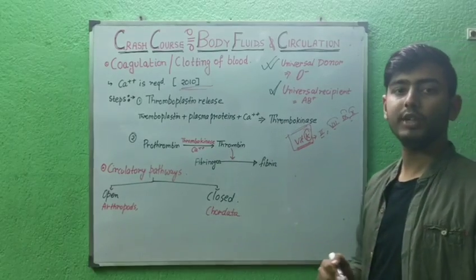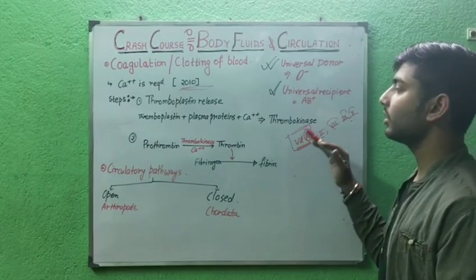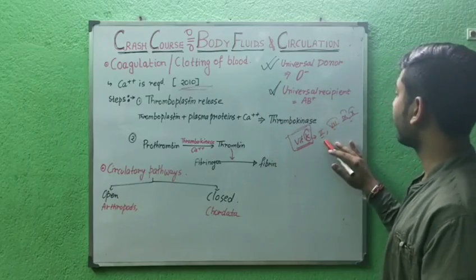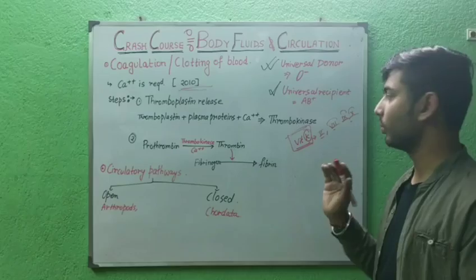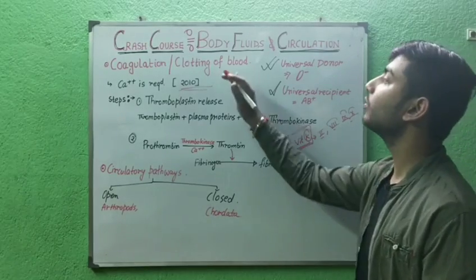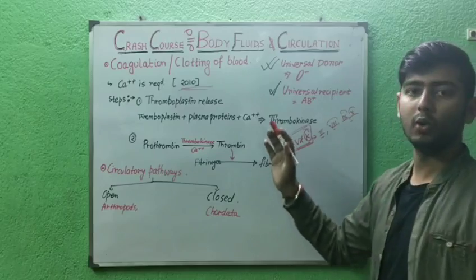So if your diet is deficient in vitamin K, there will be a problem in the coagulation pathway, because factors II, VII, IX, X will be inhibited. Just know that vitamin K is an essential part of coagulation of blood. Without vitamin K, there will be no clotting.